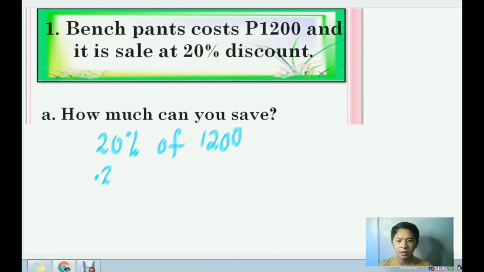Then, of means multiplication. Then, multiply by 1,200 pesos. So, magkano? That will be equal to 240 pesos. So, ito yung na-save mo. Okay? So, ito na yung pinaka-answer, letter A. Next.